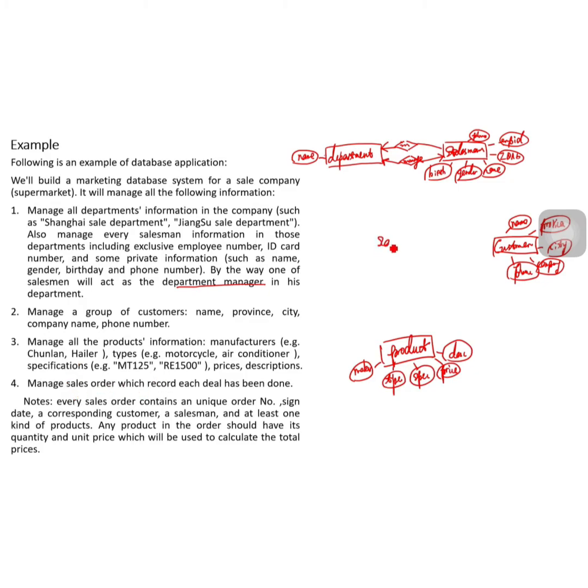Okay, now sales order. Sales order information. A sales order will record each deal that has been done. Every sales order contains a unique number, the order number, and a sign date, and a corresponding customer.